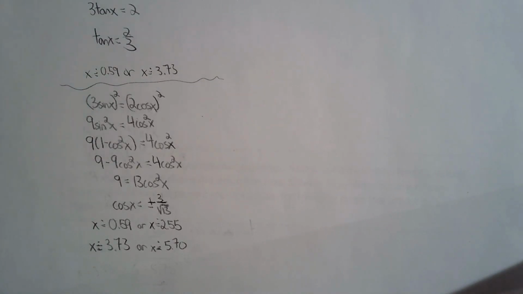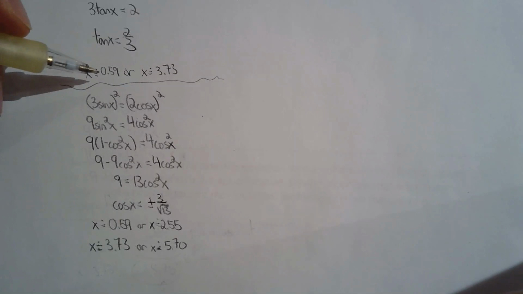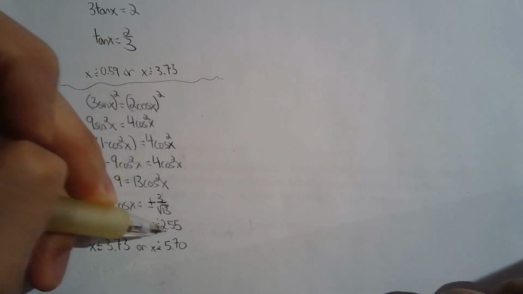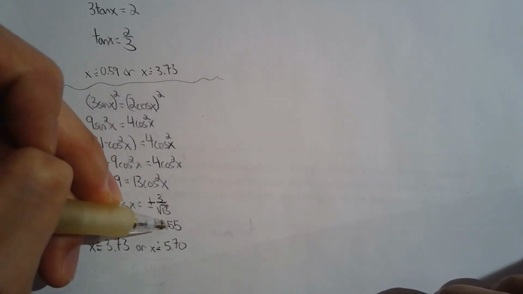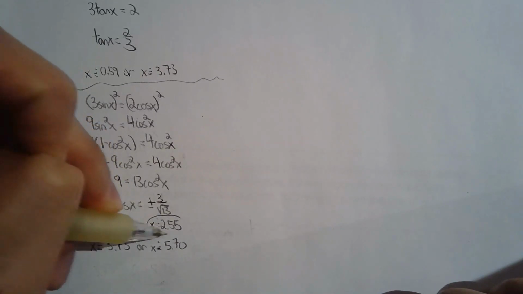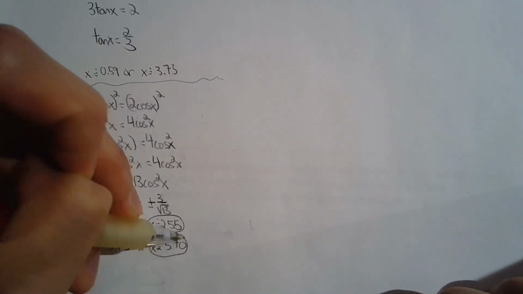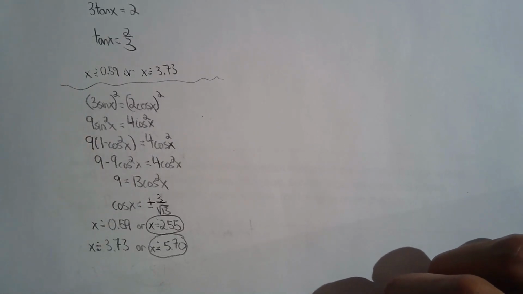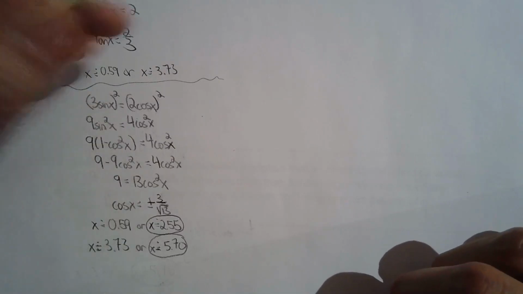So, how come I got 4 answers here and 2 answers here? So should there be 2 answers or should there be 4 answers? The answer is, there should only be 2 answers. When you check your solutions, you'll realize that 2.55 and 5.7 don't work. You can try that as an exercise for yourself later, sub them back in, and you realize they are not solutions to the equation.